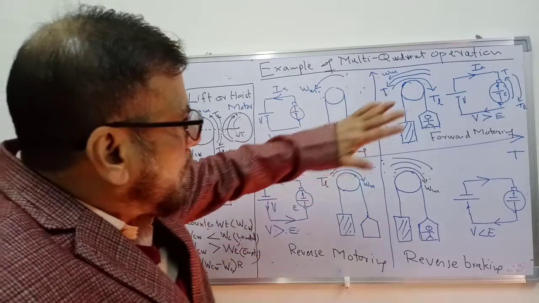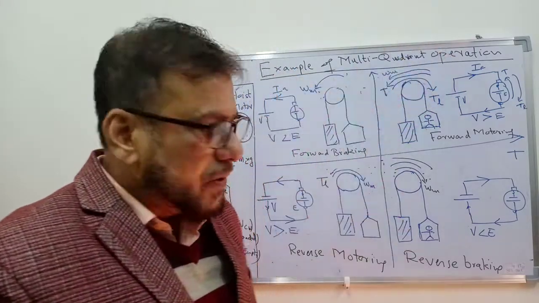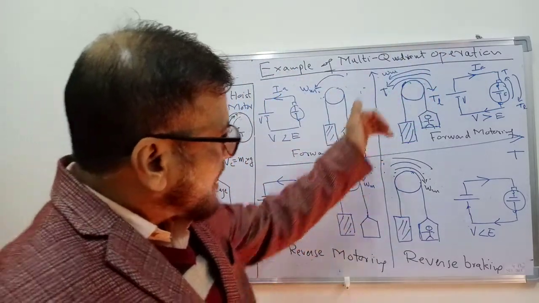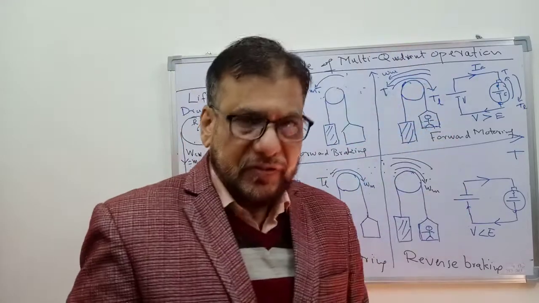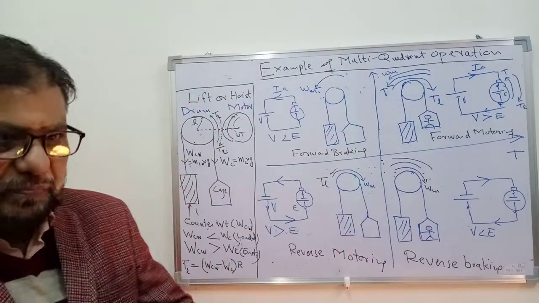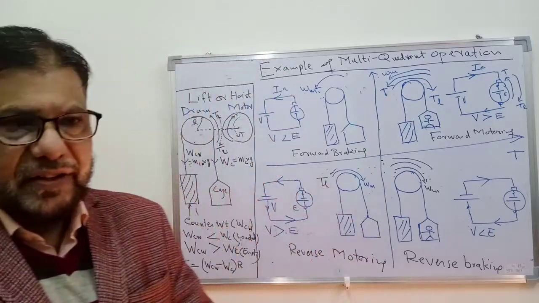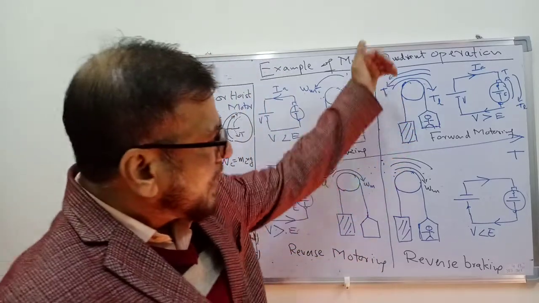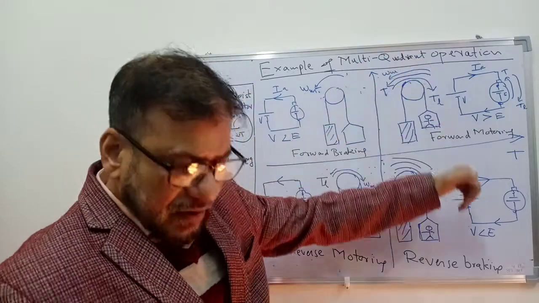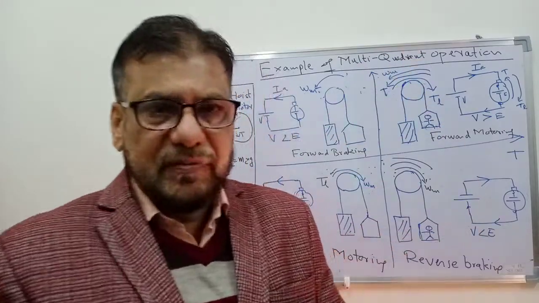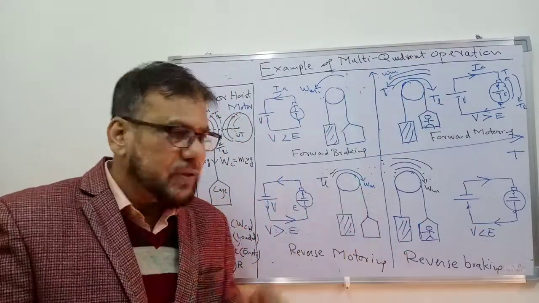So if you don't apply any torque from the motor, the cage will move downward by itself and its speed will go on increasing because there is no counter torque acting against it. So the cage will go on moving downward with increasing speed if you don't connect any motor to it.